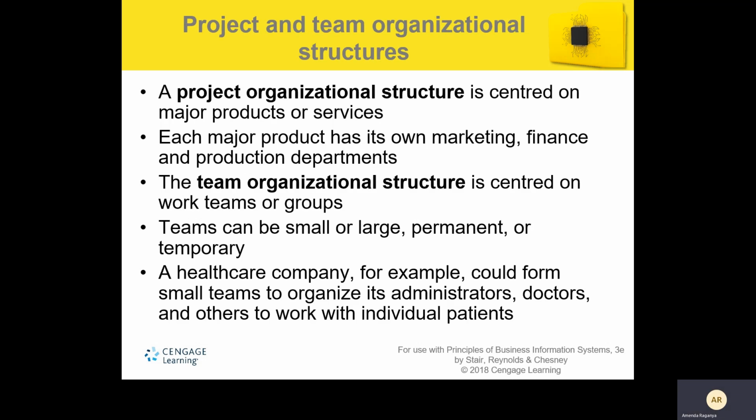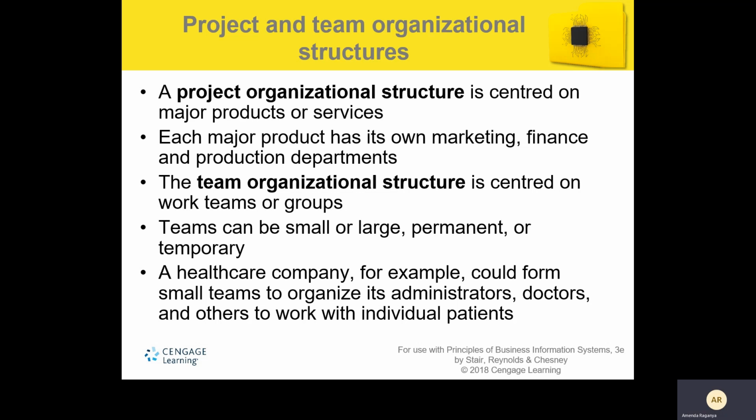Then we've got project and team organizational structures. Project organizational structures are centered on a modular product or service. If, for instance, there is a project that needs to be done, then we look into a project organizational structure, whereby people will work together to achieve that goal, which is the product. Marketing, finance, production teams, they work together to achieve the goal.